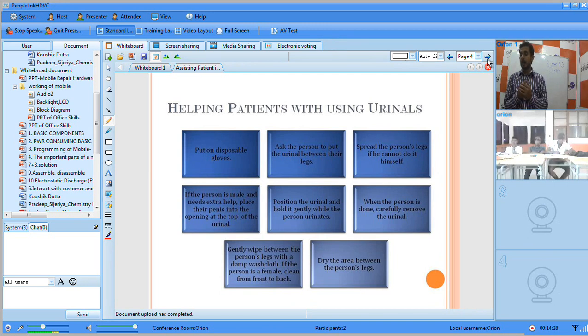You need to help them according to the condition of the body and the comfort of the patient.